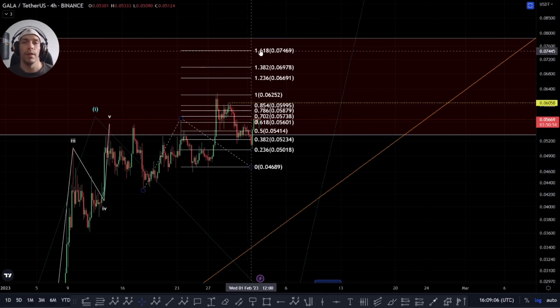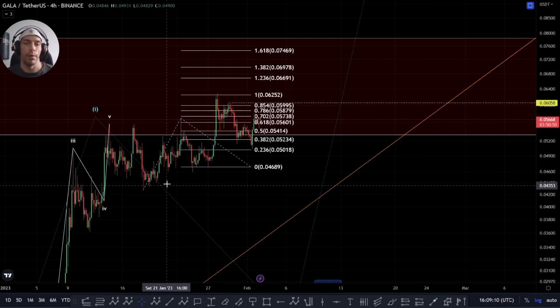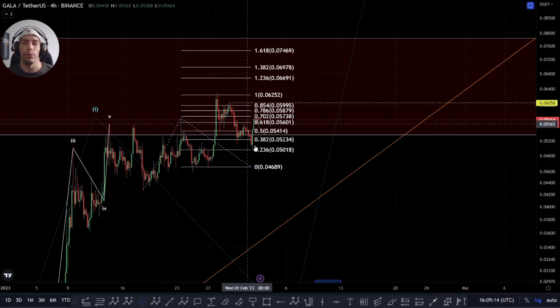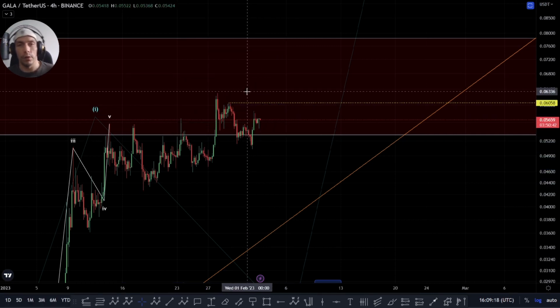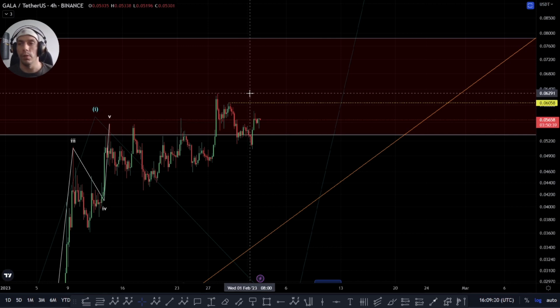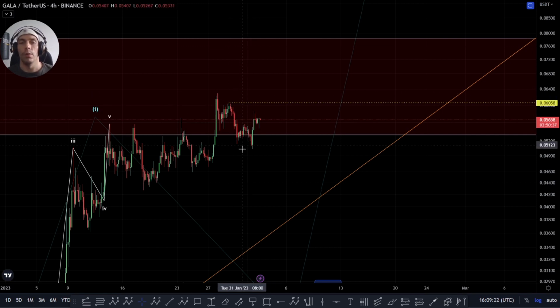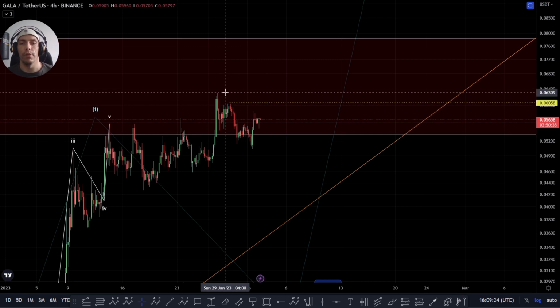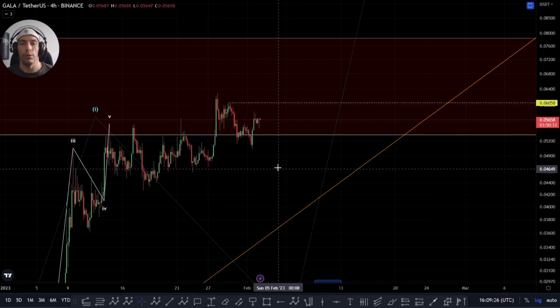But that would only really be confirmed by moving up past the 74.69 area, and then we would look at this as a 1, 2, 1, 2, and we're actually starting to break up here. But for as long as we don't break through this point here, the 6291, we need to be aware of those bearish options, and we could still look to break down deeper within this move.